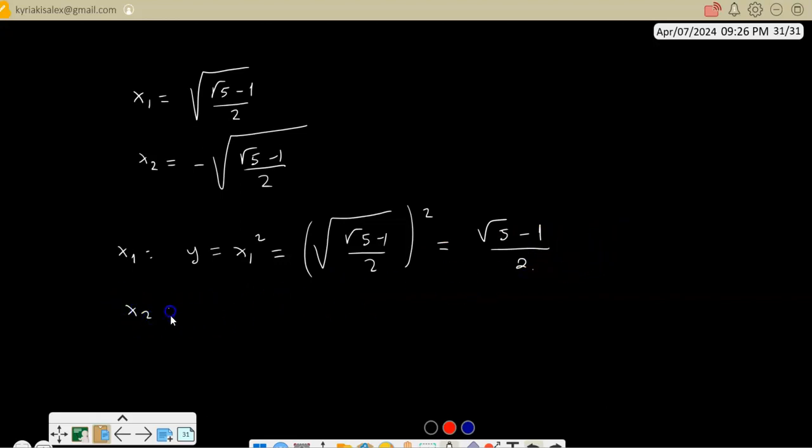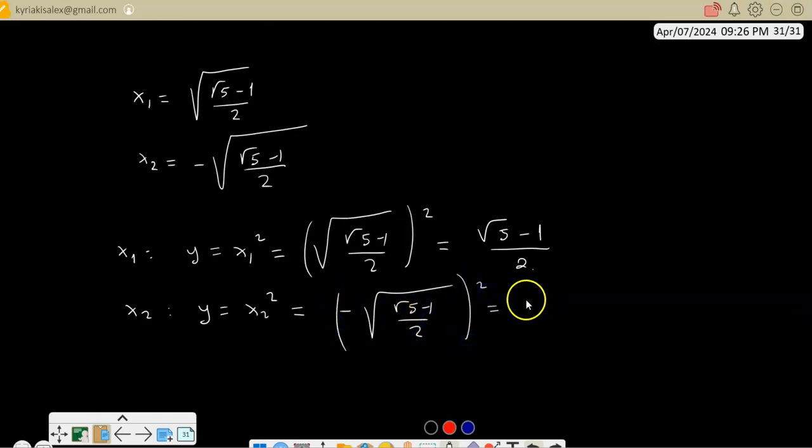And for x2, y equals x2 squared. Now I have this quantity with a minus, and what I get is square root of 5 minus 1 divided by 2. Basically, what I have is two intersection points.